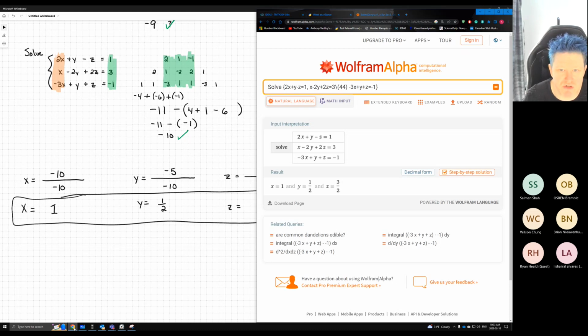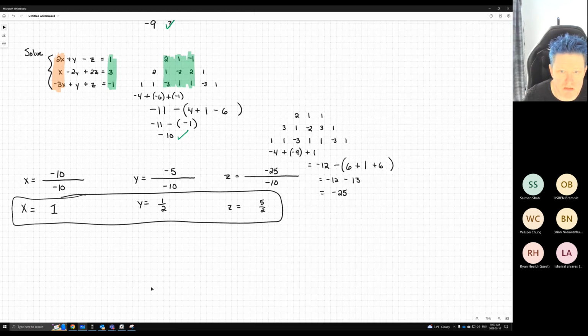Let's make sure my system is correct. 2x plus y minus z equals 1, x minus 2y plus 2z is equal to 3. Negative 3x plus y plus z is negative 1. All looks good. Okay, something is wrong here.